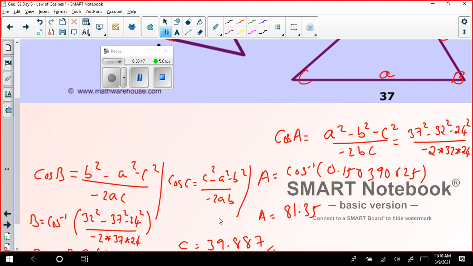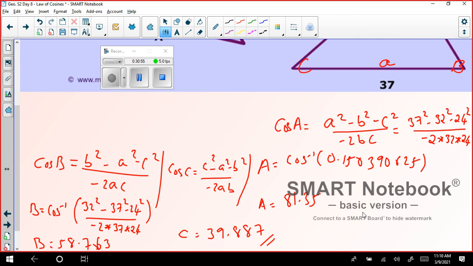A was 37 and B was 32. So it's 0.767. Cos C is 0.767. If I take cos inverse of 0.767, I get 39.887. So this is the correct answer. You will have solution. Okay.